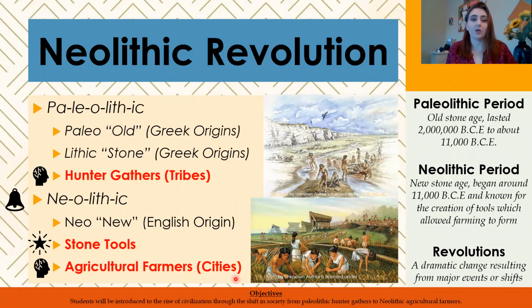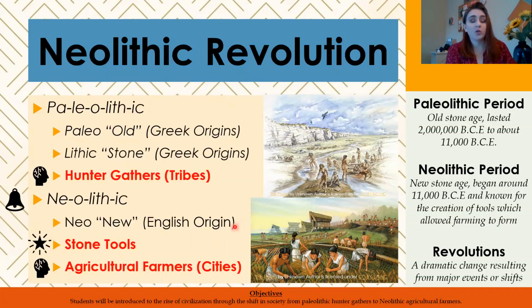So the Paleolithic, paleo is a Greek word for old, and lithic is a Greek word for stone. And so the Paleolithic period is the Old Stone Age, and that was primarily how people lived for most of early prehistory. We'll talk a little bit more about what prehistory is during live lecture.